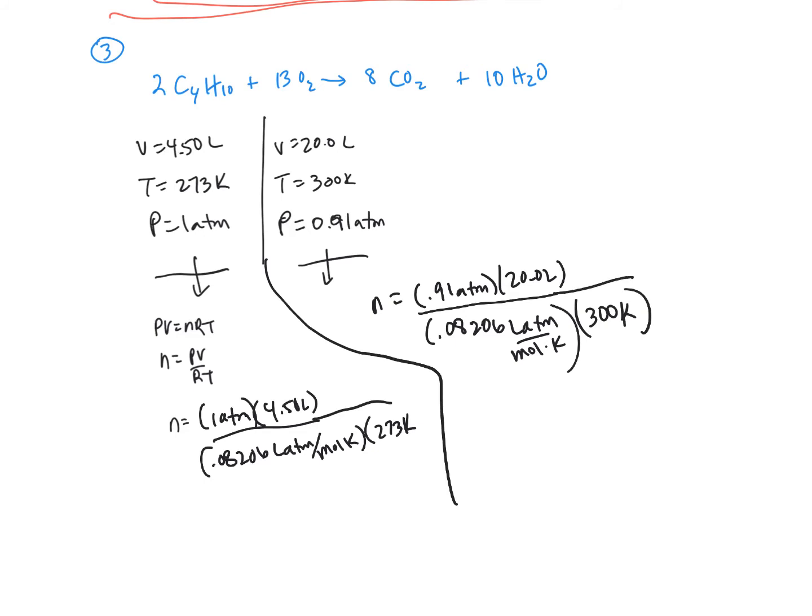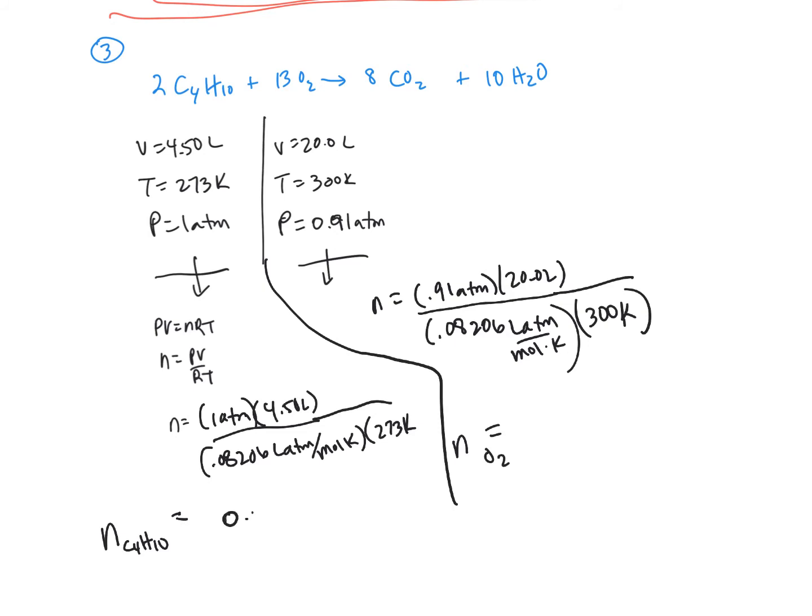All right, so then let's calculate moles. So moles for butane C4H10 and moles for O2. Okay, so the butane is 4.5 divided by 0.08206 and divided by 273.